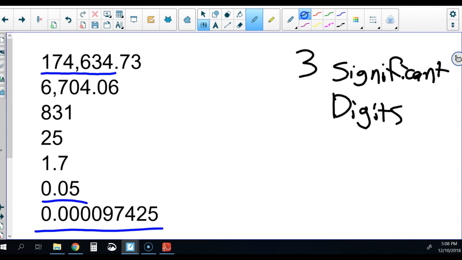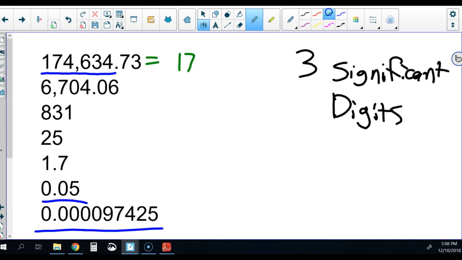What that means is a significant digit is like a digit of accuracy. I need to explain this number accurate out to 3 digits. So 174,634.73, the first 3 numbers there are significant digits because they tell me how accurate this can be.